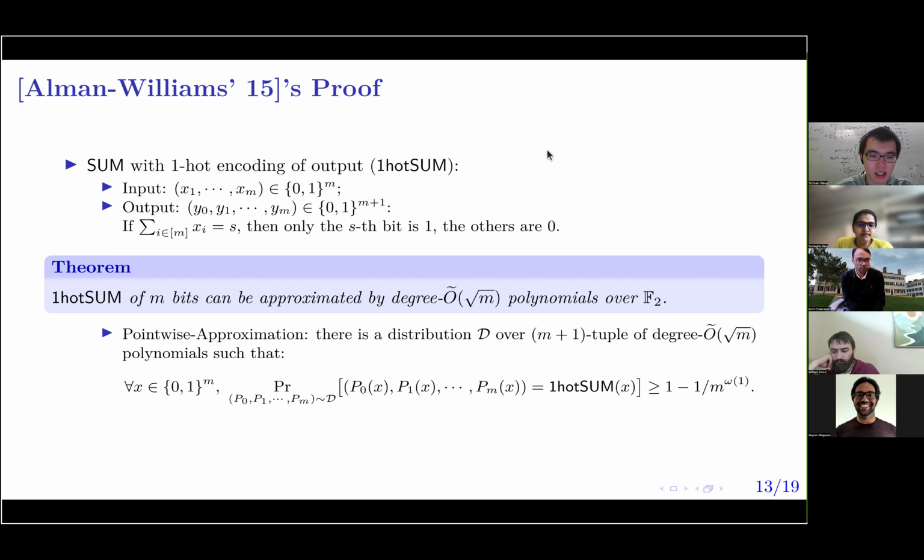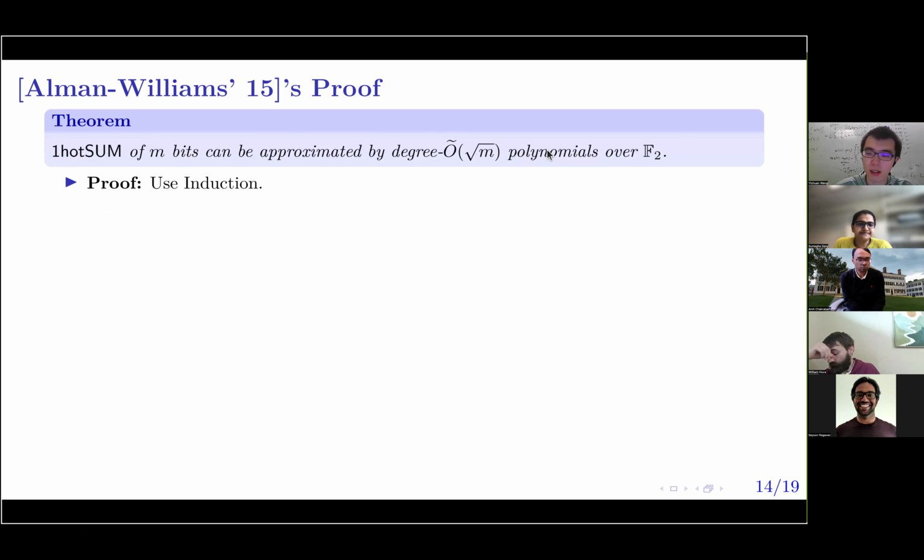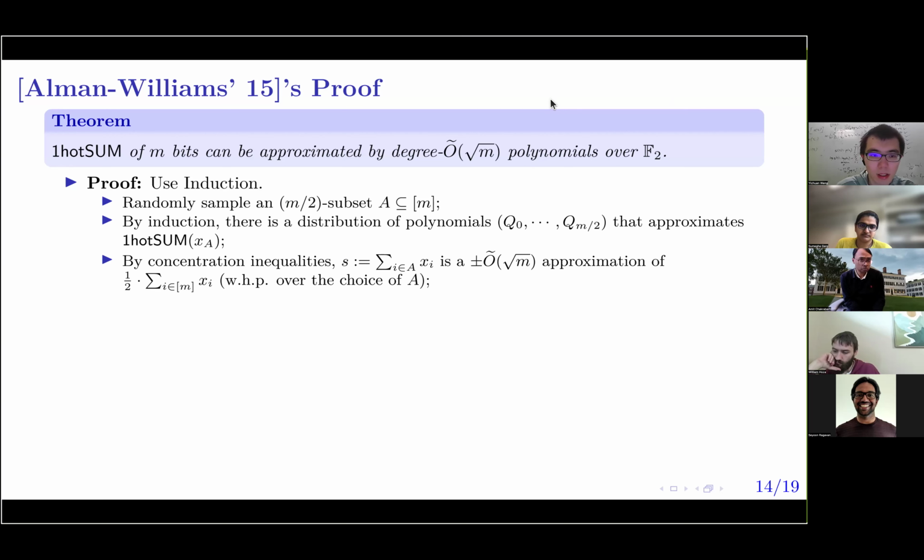Okay, so now let's see how it was proved. The proof is by induction. Let's suppose now we are working on a sum of n bits. We first sample a random m/2 subset of all those input bits. So you can think we sample half of the input bits.